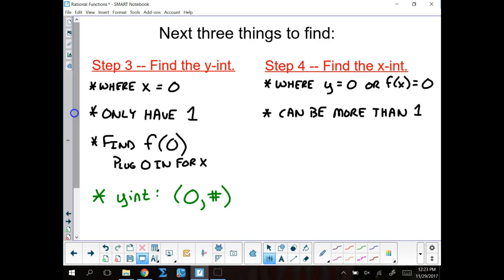Now, little side note for you. If A divided by B is equal to 0, what must be true?